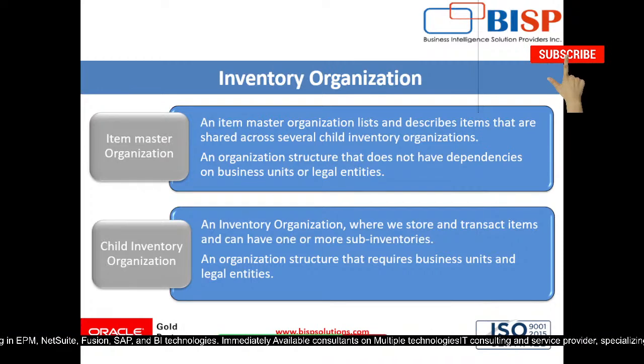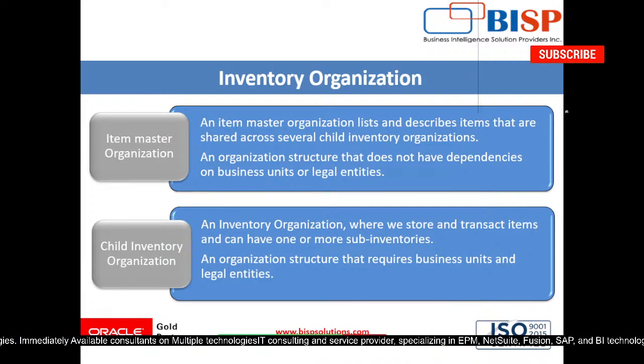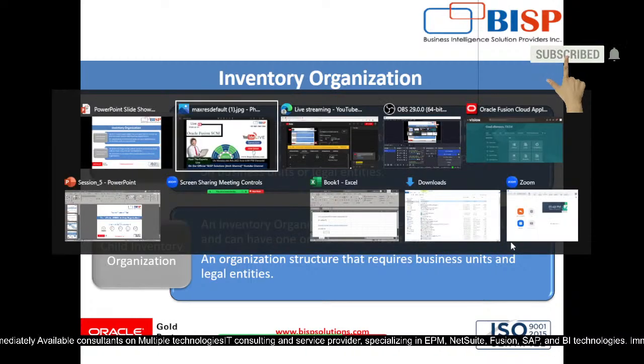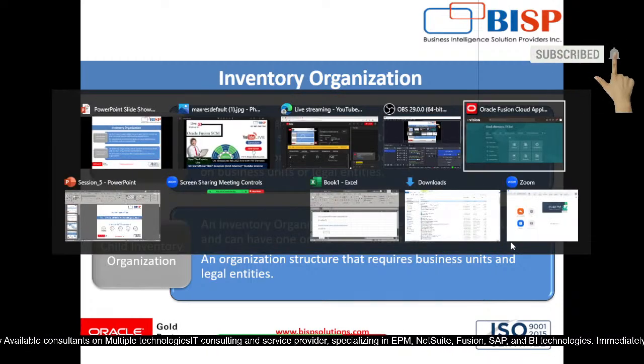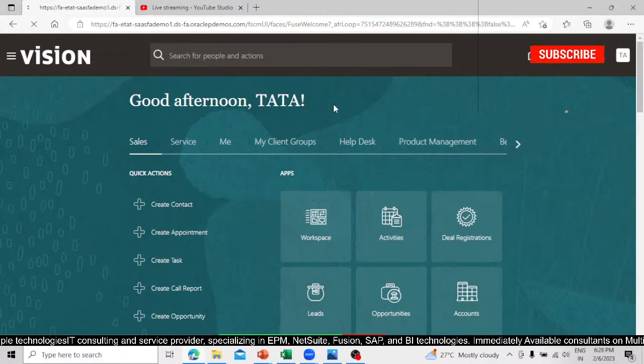So let's move to our application and we'll see how to create the item master organization in our application, right? So this is our application and this is our implementation user, that is data.